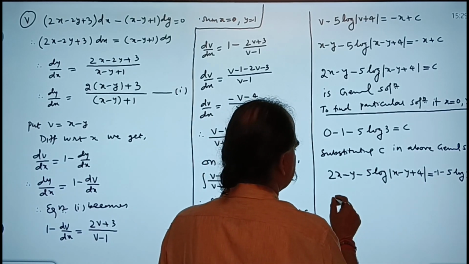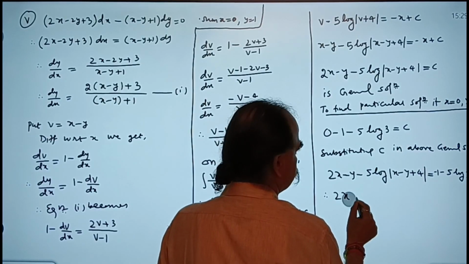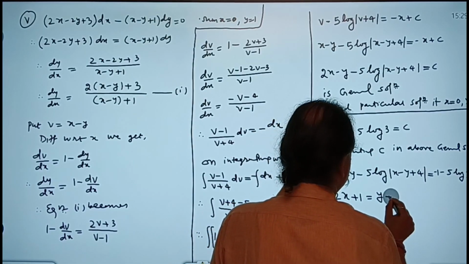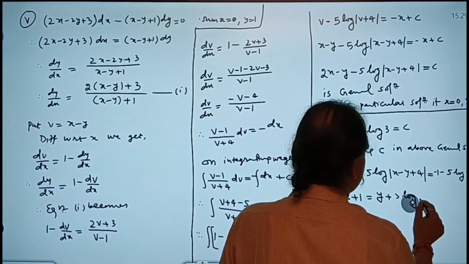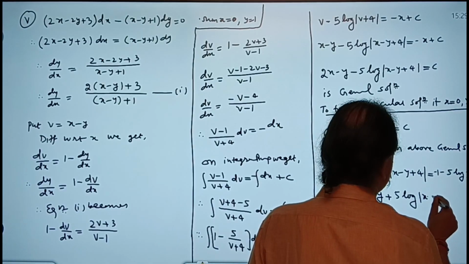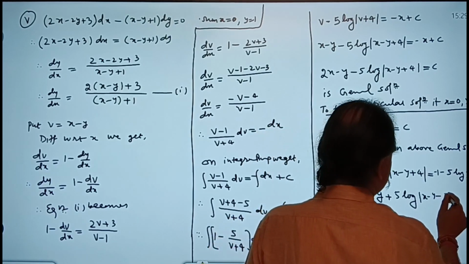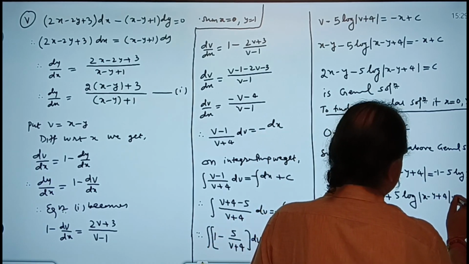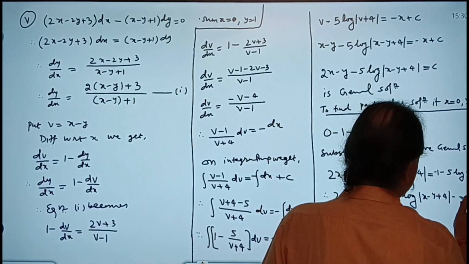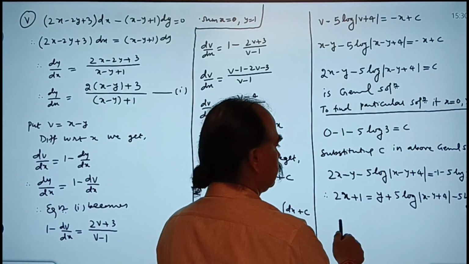Transfer log term on that side, plus 5 log x minus y plus 4. 5 common will give you what?